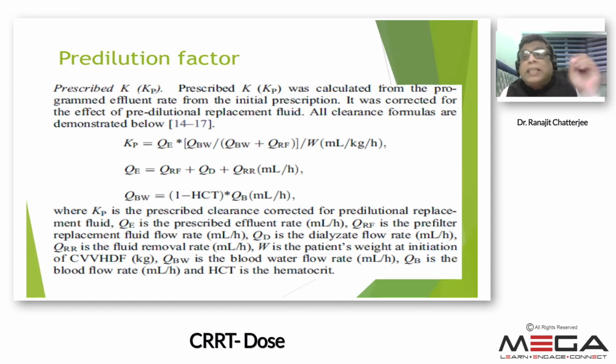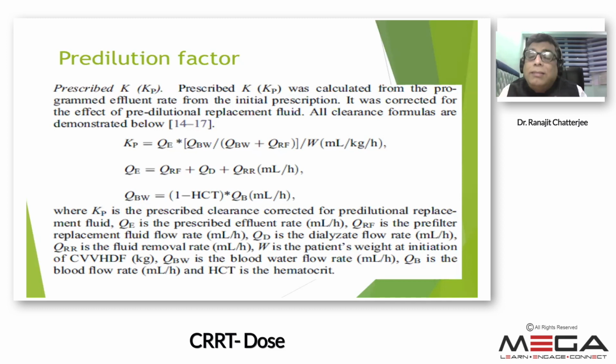This is multiplied by the blood water plasma flow rate, divided by the blood water plus the replacement fluid QRF that you are giving pre-filter. Because you are diluting the blood, your dose will become a bit less.